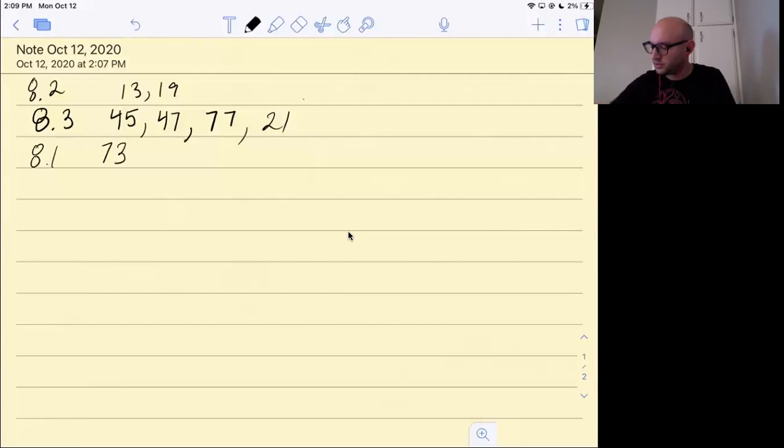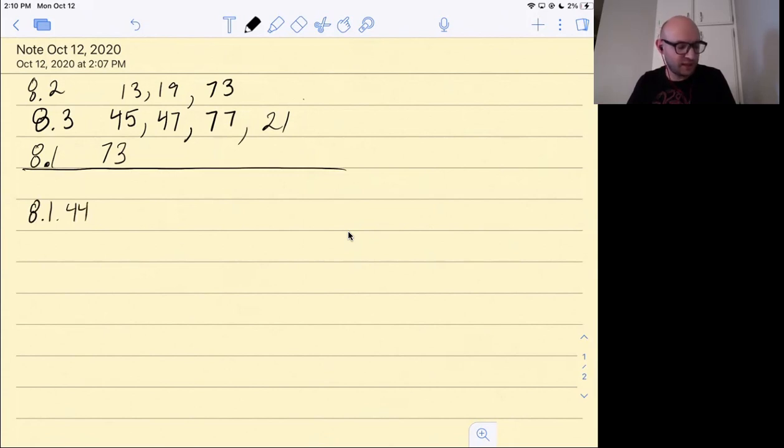So 8.1 is about this first one, 8.1 number 44, which is from 73 to solve. It says solve 44 graphically.